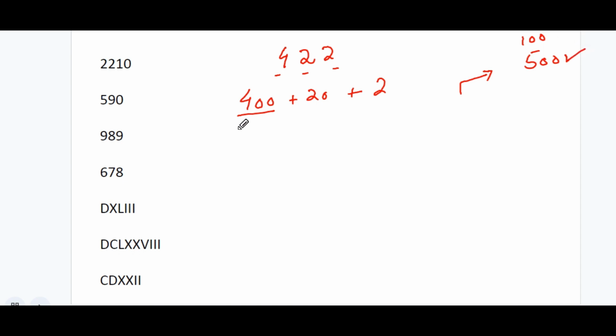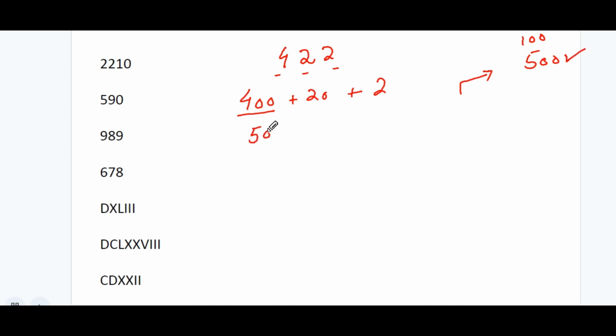Okay, now let's solve 422. So 422, what I have to do is 400 plus 20 plus 2. So how can I break my number here to change into a Roman numeral? I need to go back to my Roman numeral table. Which one is the nearest Roman number? That is 500, not 100. So I need to pick up 500.